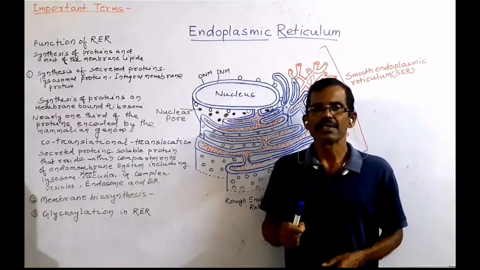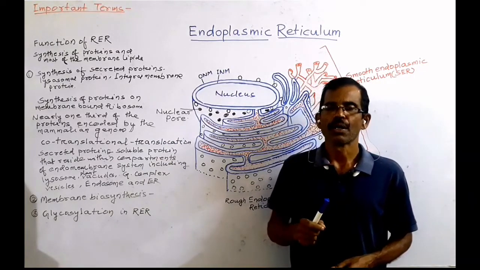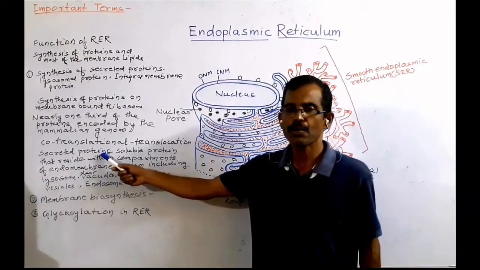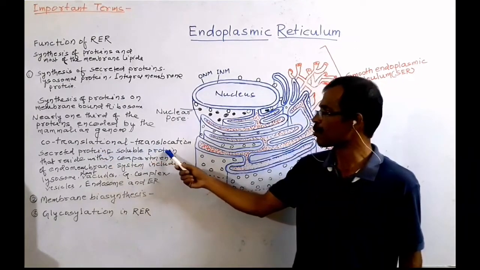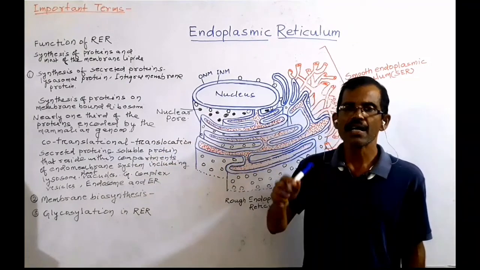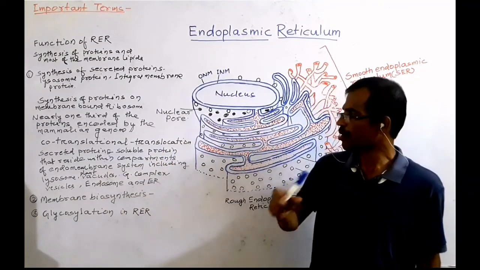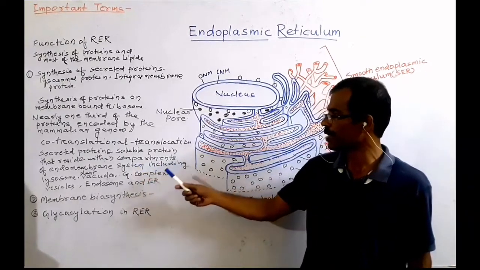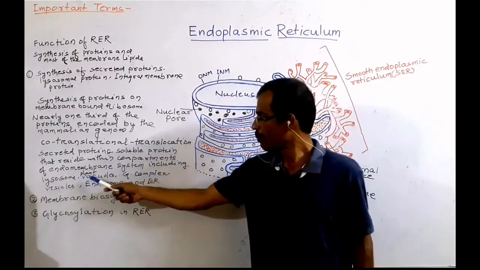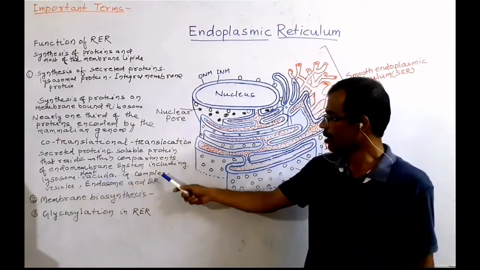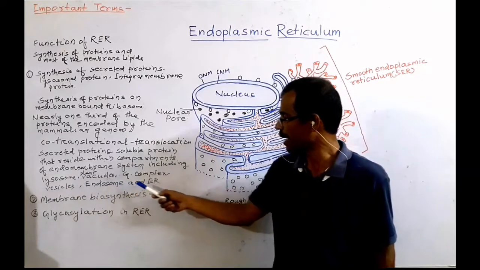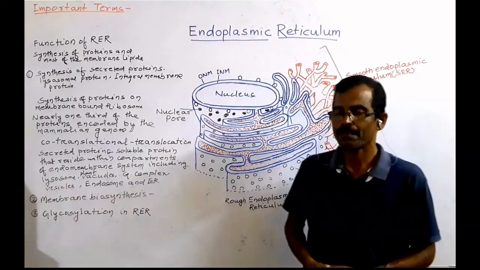The proteins that are synthesized on membrane-bound ribosomes include secreted proteins and the soluble proteins that reside within various compartments of the endomembrane system including lysosome, plant vacuoles, Golgi complex, vesicles, endosome and endoplasmic reticulum.